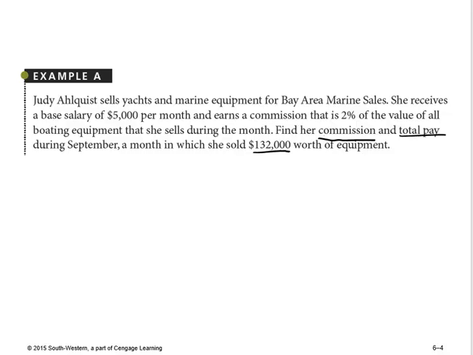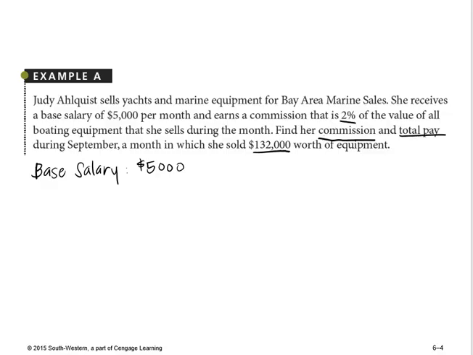And so when we're dealing with word problems, we always want to start by listing what we know. So I'm going to start by typing her base salary. And her base salary is $5,000 per month.